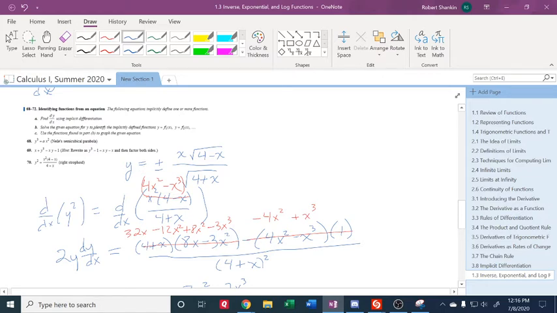Solve the given equation for y to identify. Now, why they called it F1 and F2? Well, there's actually going to be two different ones. One of them is plus, and the other one is with the minus sign. So that's why they said it.